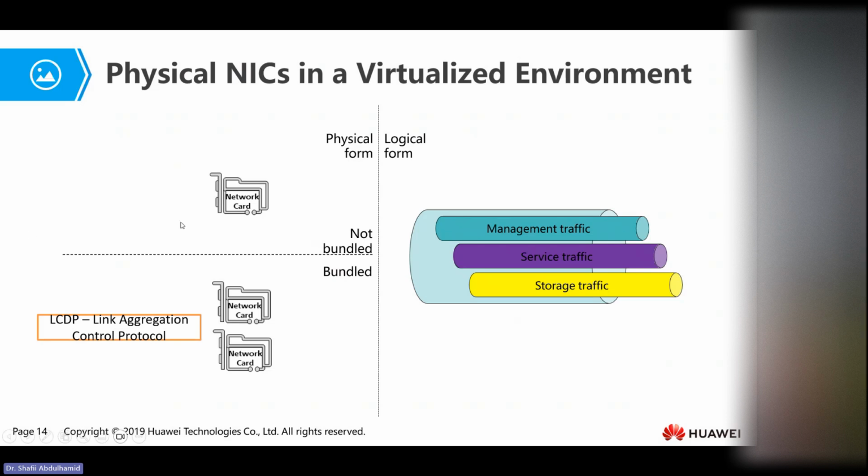So now, we can have a NIC in a physical environment and of course in a logical form. In the physical environment, this is simply how the NIC looks, and mostly it is an unbundled NIC. An unbundled NIC simply means it's a physical NIC. But of course, we can bundle it. A NIC can also be divided, similar to what we do to a switch to create VLANs.